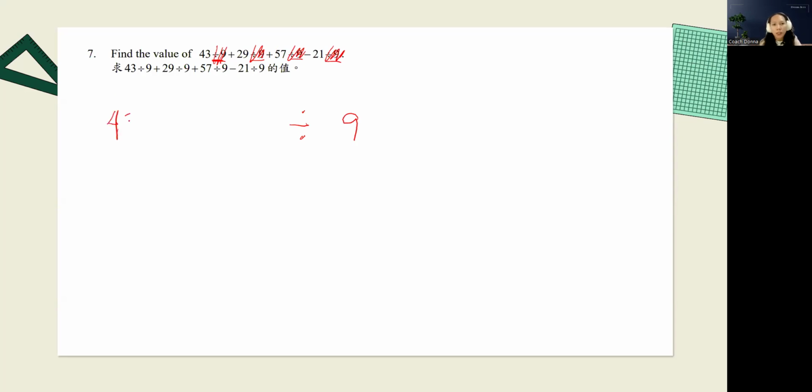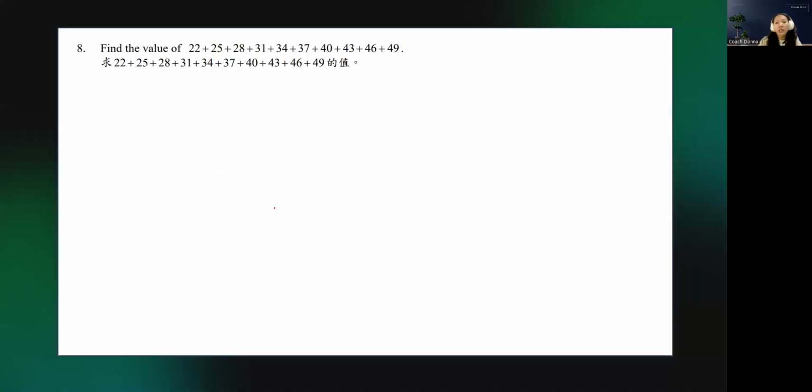So we have 43 plus 29 plus 57 minus 21. Enclose that in parentheses, and then do that operation first. So 43 plus 29 plus 57 minus 21, you'll get 108. And 108 divided by 9 is actually 12. All right? So 12 is our answer.